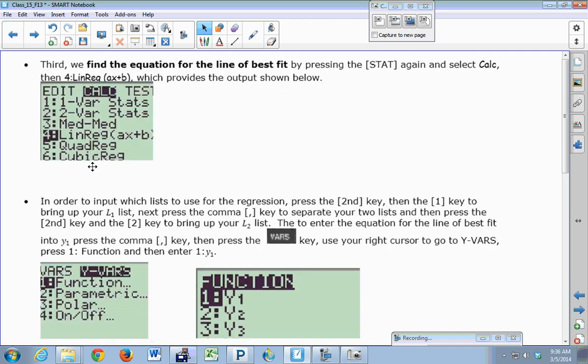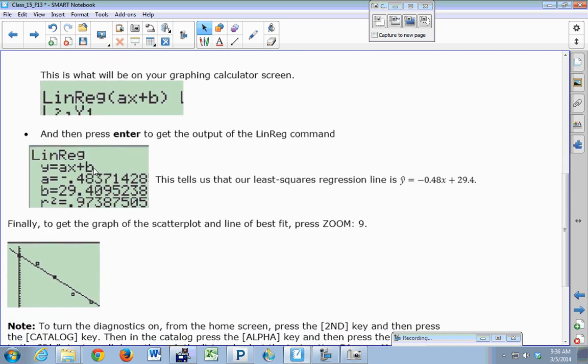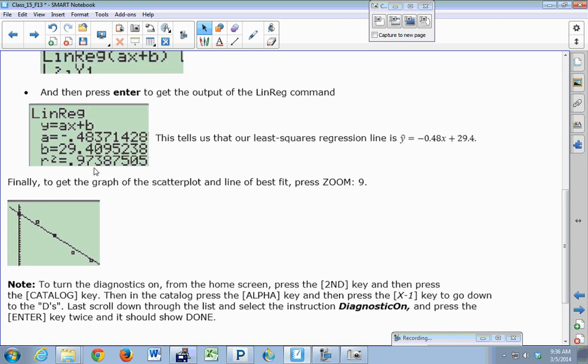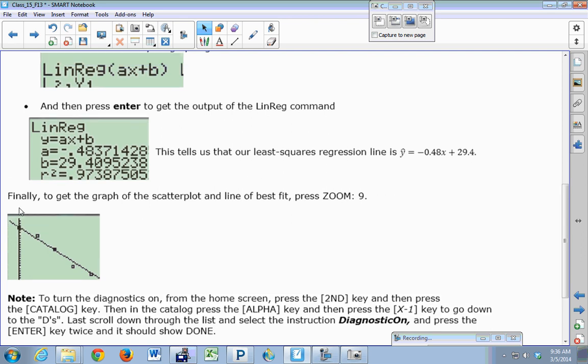So here is our regression line. Y hat equals negative 0.48x plus 29.4. Notice A takes the place of your slope. So here's your value of A. I've truncated it. I've estimated it. B is like your y-intercept, that's over here.